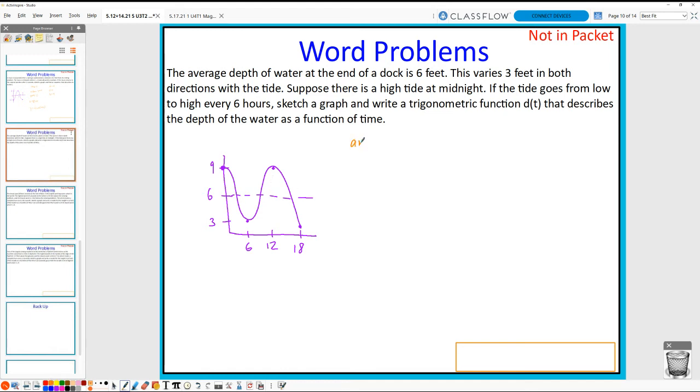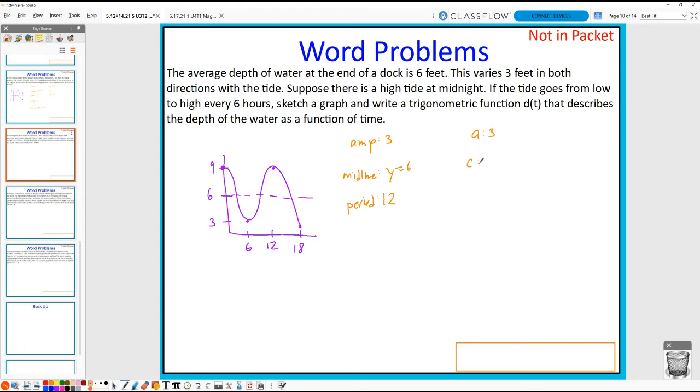My amplitude is going to be 3, like they told me. My midline is going to be y equals 6. My period is going to be 12. So this tells me my a value is 3 because there's no reflection.